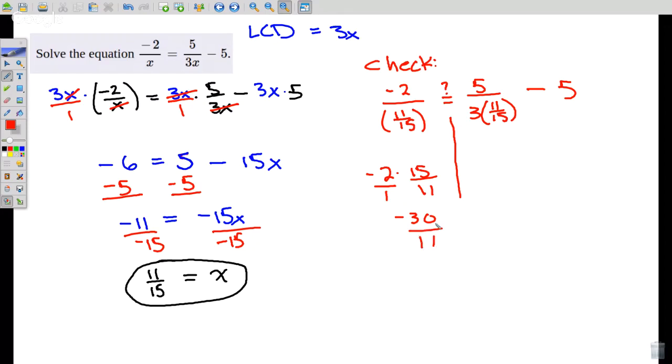I'm hoping the other side will lead to that. Here I need to clean up the bottom before I do anything. So let's do that as 3 over 1. And with multiplication, we can cancel ahead of time. So note 3 goes into 15 5 times. So my new denominator there is 1 times 11. 1 times 5 is 5, so 5 elevenths.